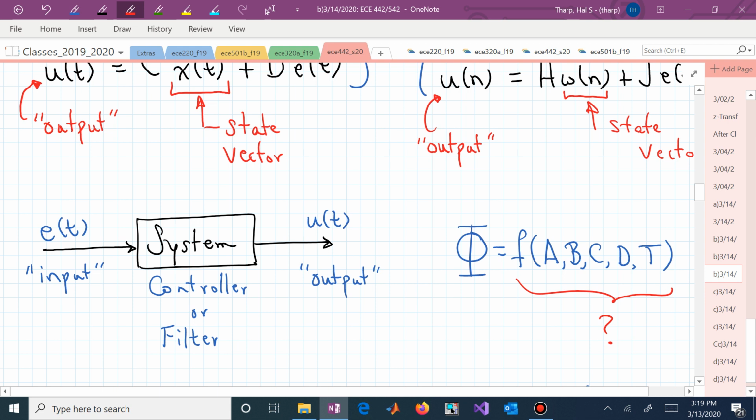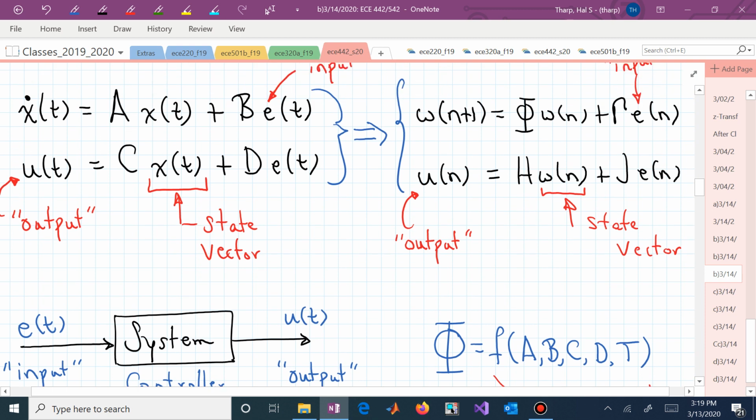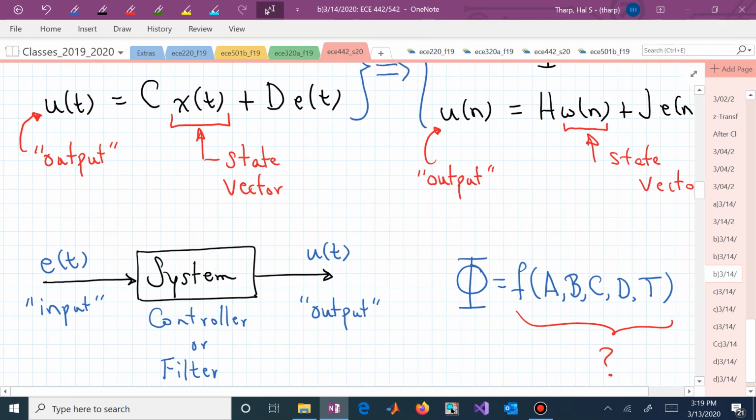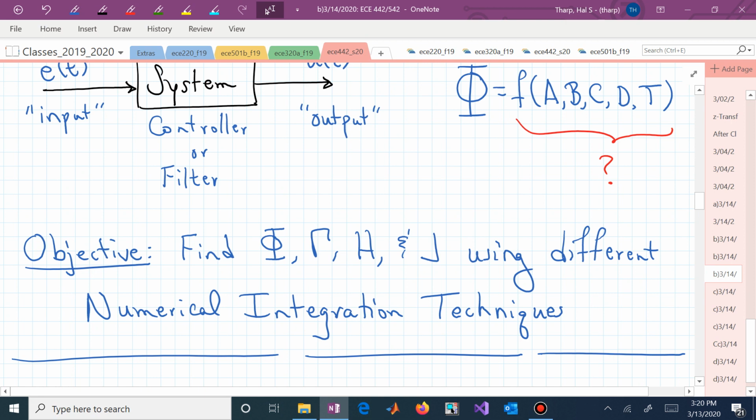The input is E, the output is U. We now want to find these different matrices in the discrete time representation, Phi, gamma, H, and J. And, for example, Phi, the system matrix in the discrete time representation, may involve a combination of the A matrix, B matrix, C matrix, D matrix, and the sample period T in order to produce capital Phi. What we're trying to find now are those functions that will yield Phi, gamma, H, J.